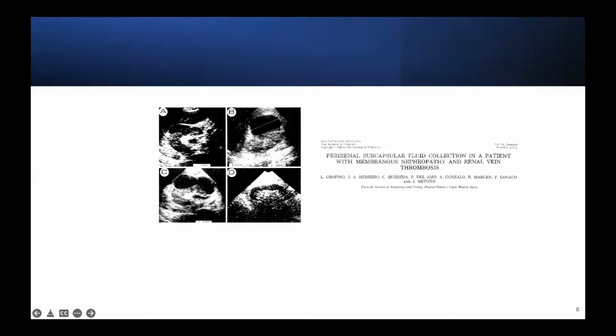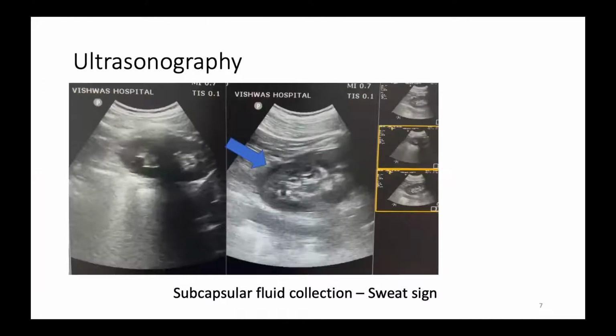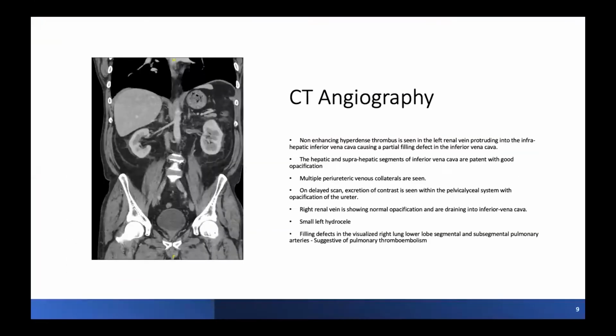So in our case, considering the possibility of renal vein thrombosis, we have done a CT angiography, and this CT angiography was showing non-enhancing hyperdense thrombus in the left renal vein, which was extending into the inferior vena cava, but the right renal vein was normal. And there were multiple periureteric venous collaterals seen on the left side, suggestive of chronic venous thrombosis.